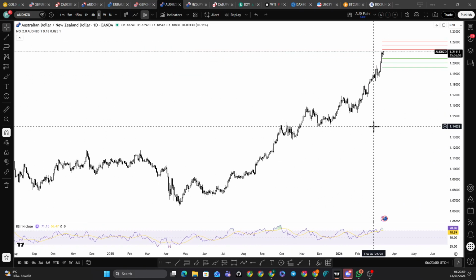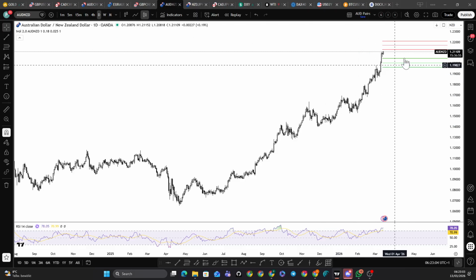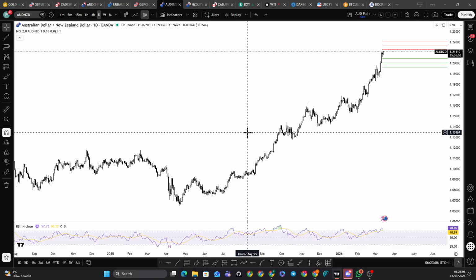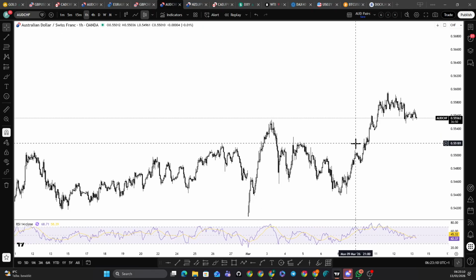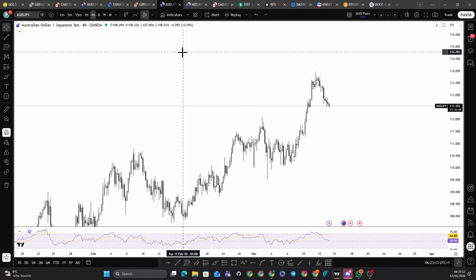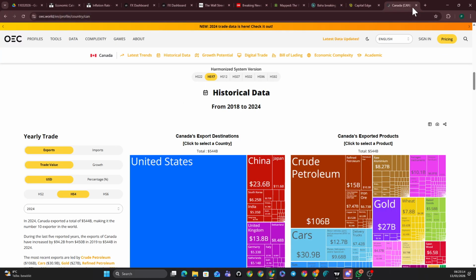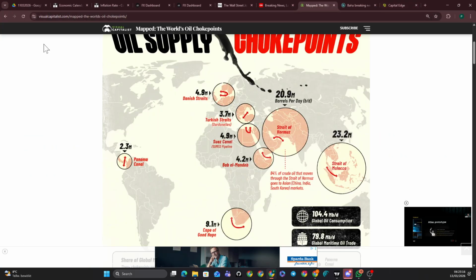Currently trading in extremely expensive zones, but I don't see any reason to short the Australian dollar versus the Kiwi. And this is a recap about the current geopolitical situation, and let's move forward.